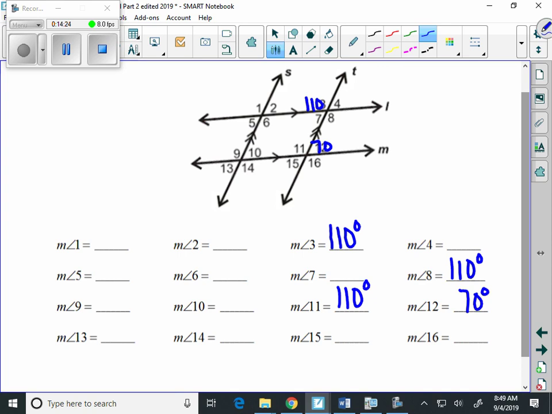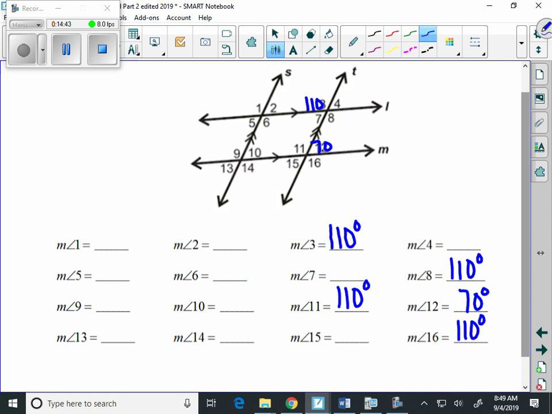We said that the measure of angle 11 is 110, so the measure of angle 16 has to be 110 because of vertical angles. Again, the vocabulary and the geometry. If we know the vocabulary, it makes these problems much easier than they would be if we don't know the vocab.